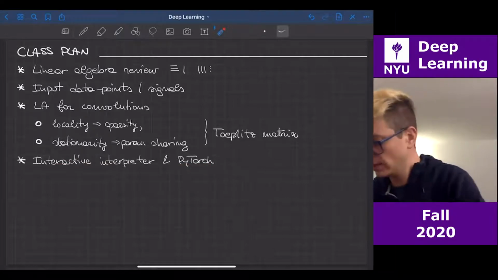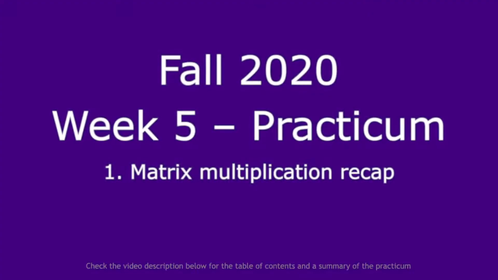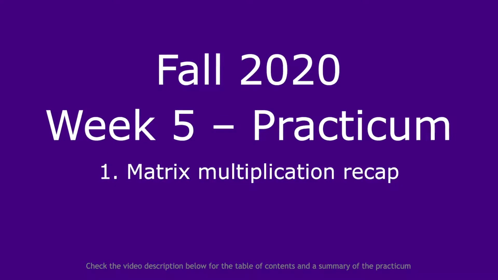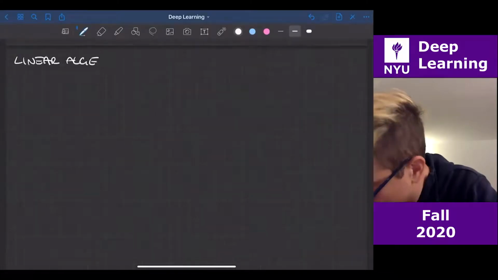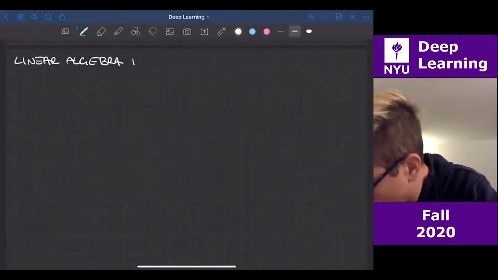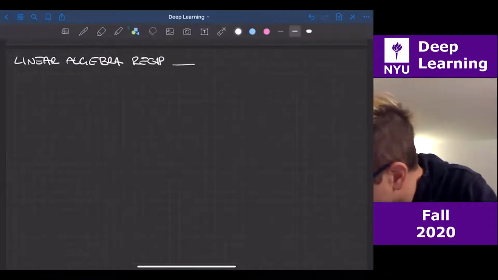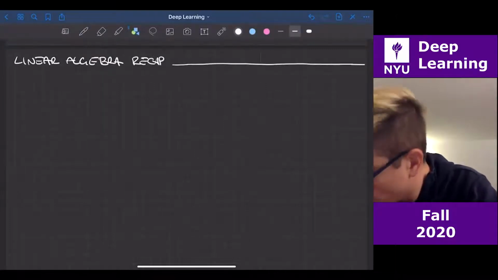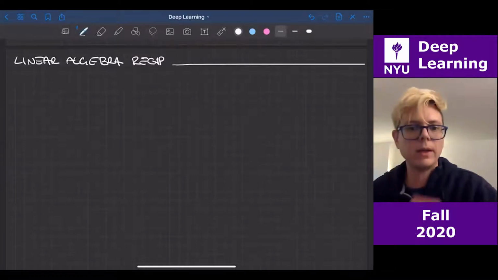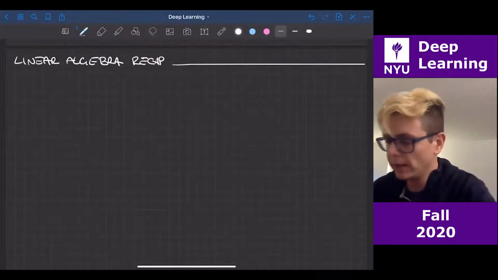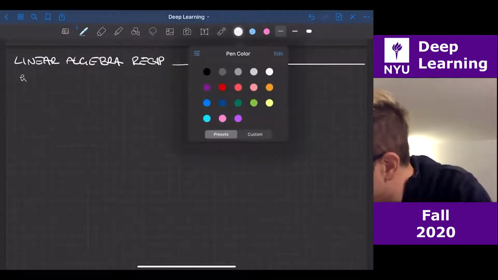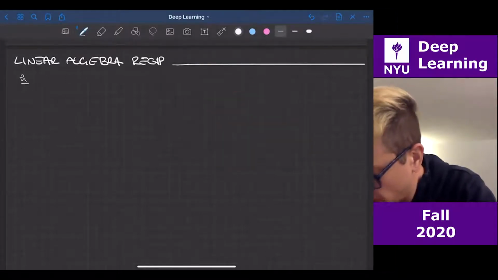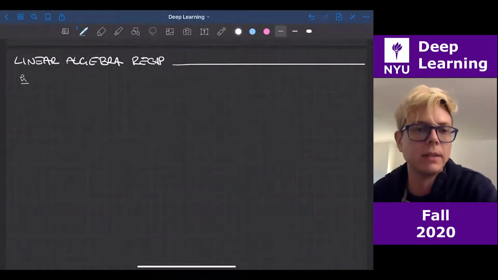So let's get started. So we're going to have here linear algebra recap. All right, so whenever we have a neural net, usually we can write that our hidden layer, and here I'm going to be using a bar underneath a letter to represent that it is a vector.